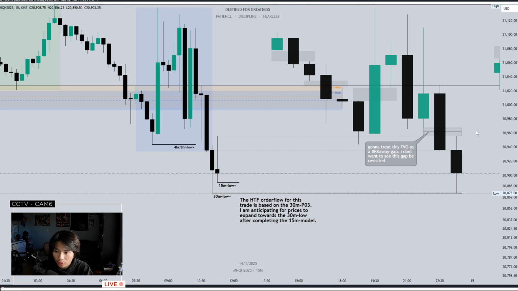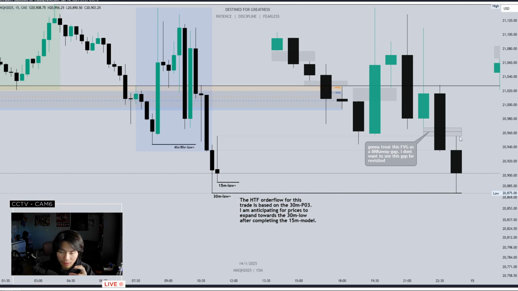The way that we created it indicates to me that because we closed below the second fair value gap candle's low right here, the wick is kind of small, but it's there, that's the low, we should take out the third candle's low first. And you guys can rewind that.